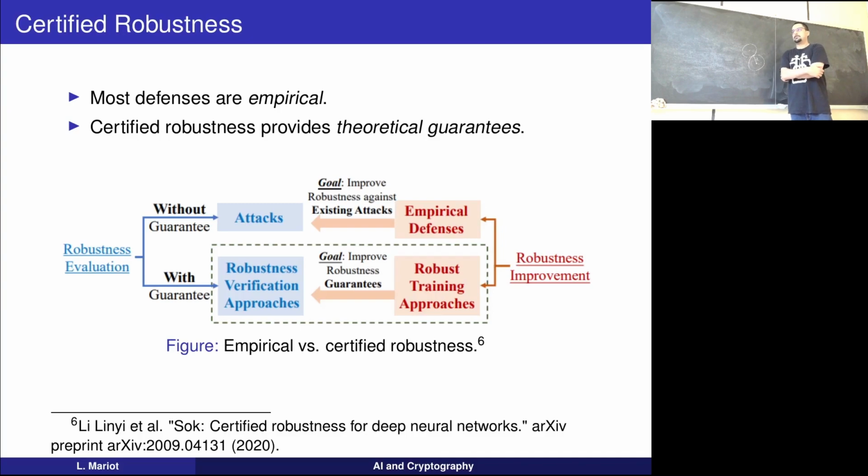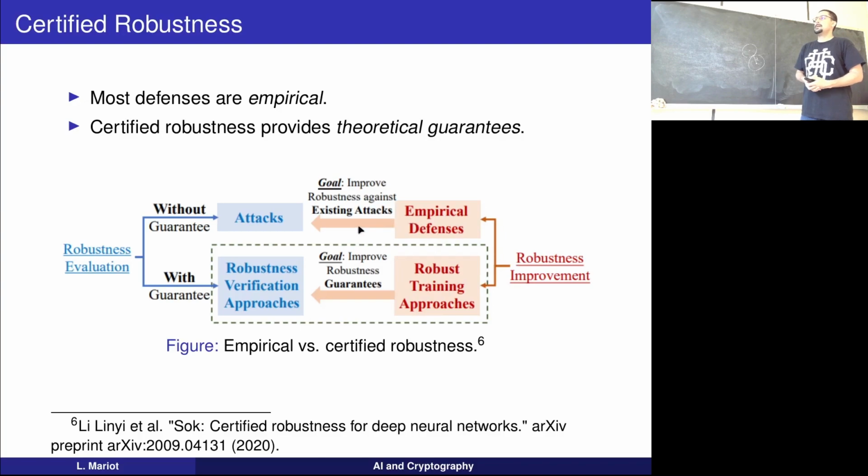So here is a small diagram comparing the two parts, when you are evaluating robustness in a neural network model without guarantees and with guarantees from a theoretical point of view. Without guarantees, you are having empirical defenses to protect against these kinds of attacks, and the goal would be to improve the robustness against known attacks, so known adversarial examples.